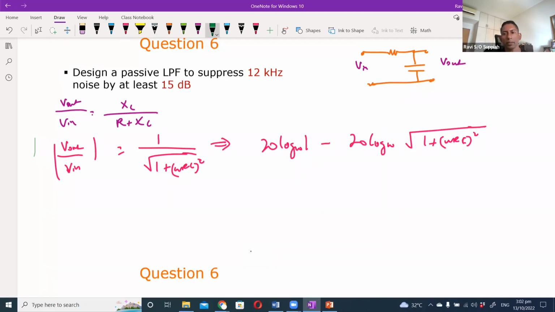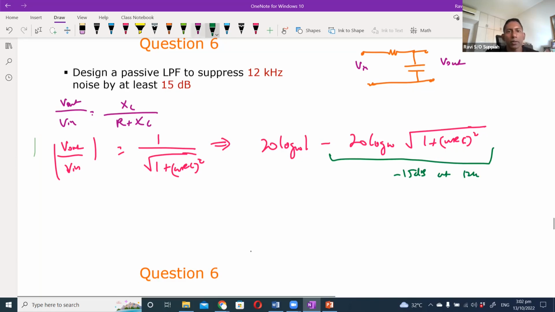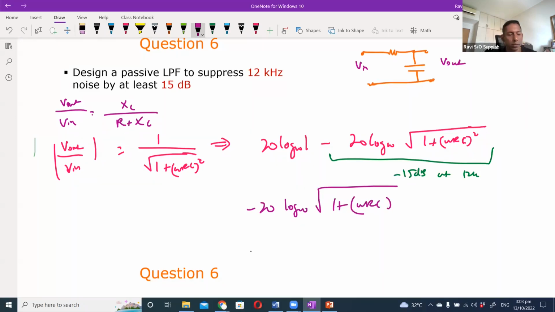So what we want is, for this portion here, to be minus 15 dB at 12 kilohertz. That is the same technique as before. So minus 20 log to the base 10 of 1 plus omega RC squared equals minus 15, at f equals 12K.